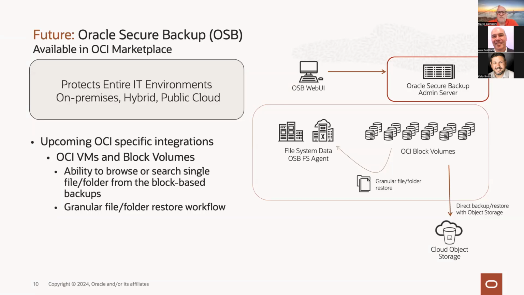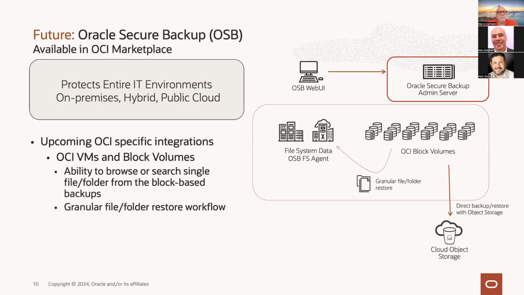But OSB will initiate the restore of the block volume that contains the version of the file that you want to restore, attach it to an OSB client, extract the file you want to restore, put the file on the target client where you want to restore to go. And that will, again, simplify the management, add the additional capability of providing a single file restore granularity.